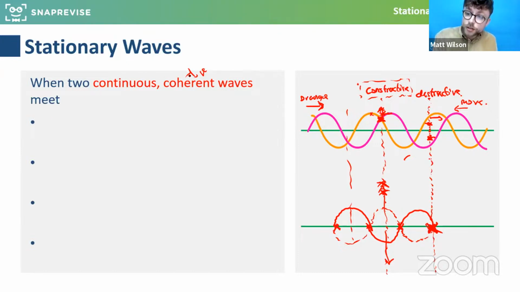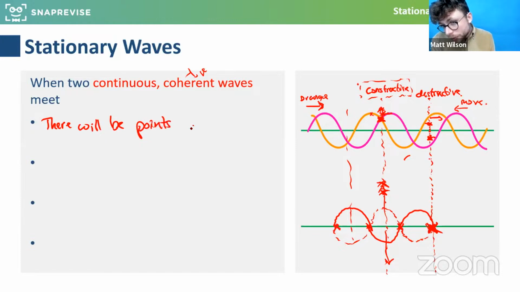So when two continuous coherent waves meet, there will be points which are always, we like to use this phrase, in phase.